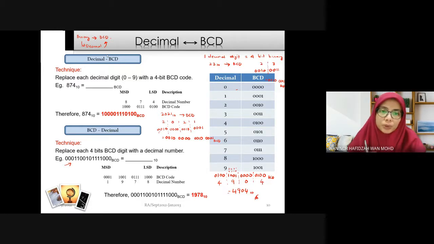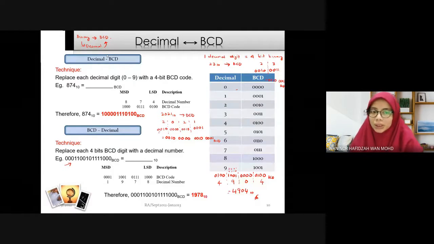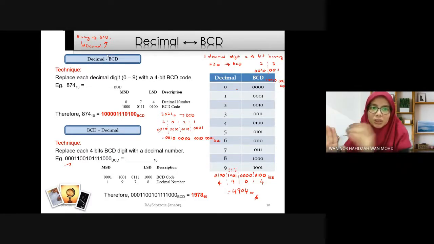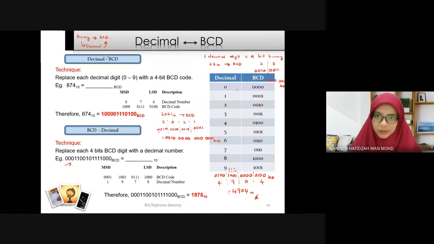Same goes if you have one question asking you to convert from BCD into octal, for example. Whenever you see BCD, it must be a conversion between decimal and BCD only. So if you have any other conversion to any numbering system, you need to convert between these two first. It must go through decimal.